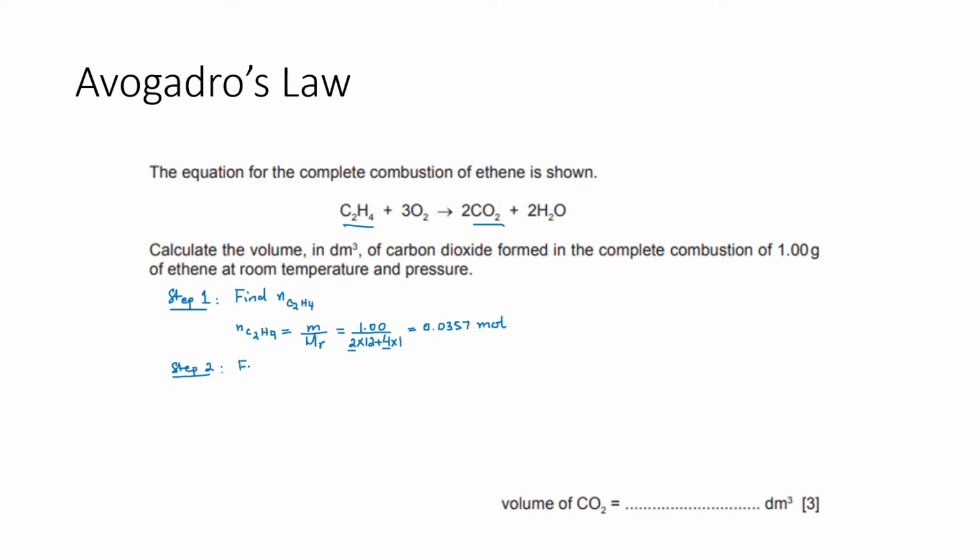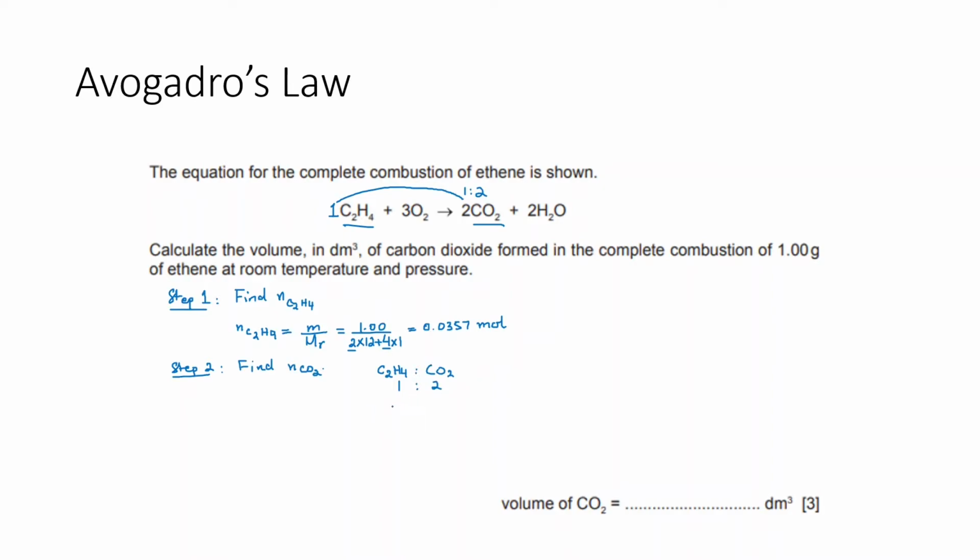Now the next step is to find the moles of carbon dioxide, which we are interested in. If we take ratios, 1 mole of ethene will give you 2 moles of carbon dioxide. So C2H4 to CO2 from the balanced equation is 1:2.